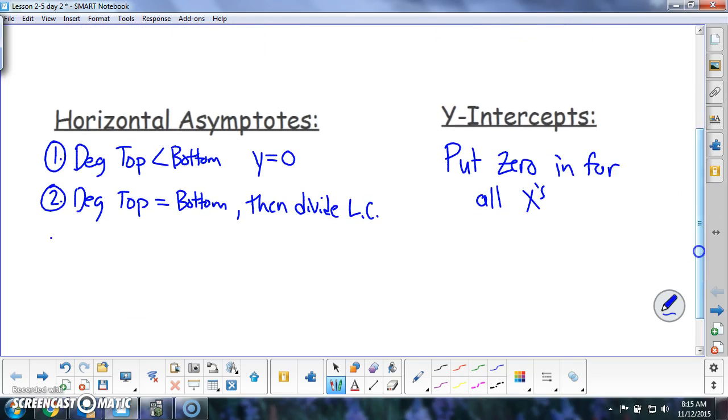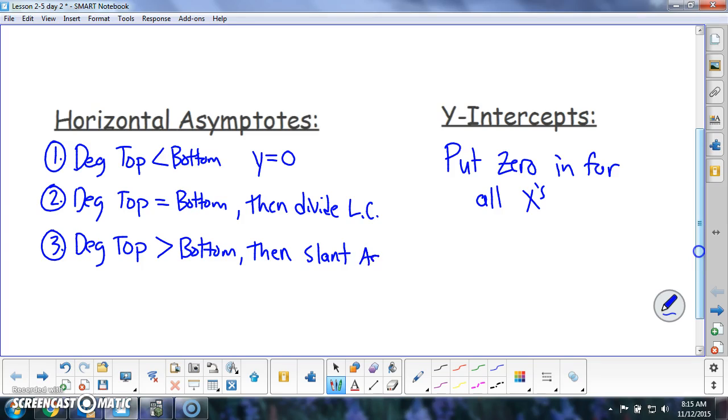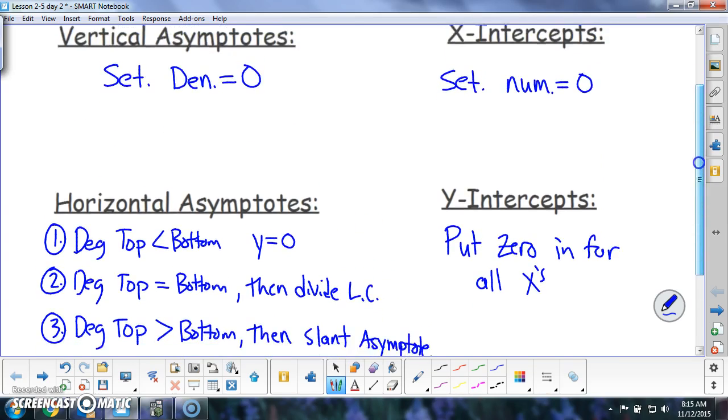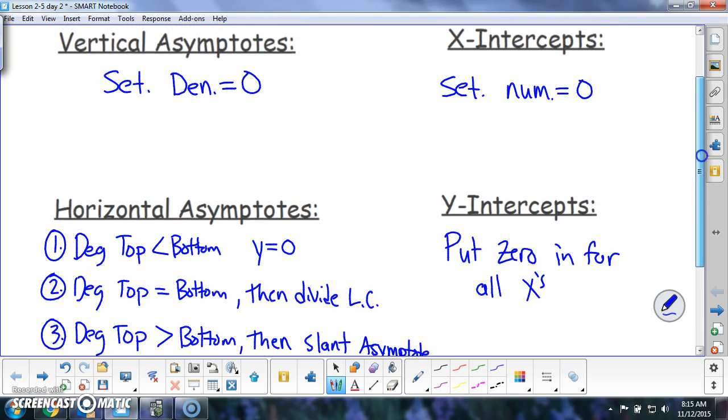And then here's what's new: if the degree of the top is greater than the bottom, then you've got a slant asymptote. And I'm going to show you how we find that today. So there's your notes.